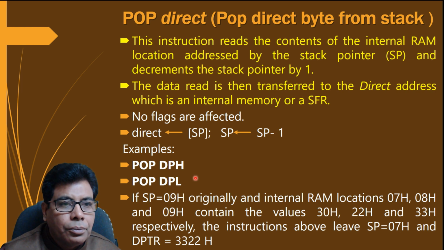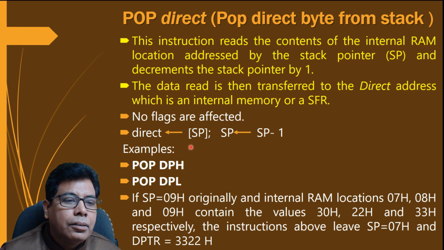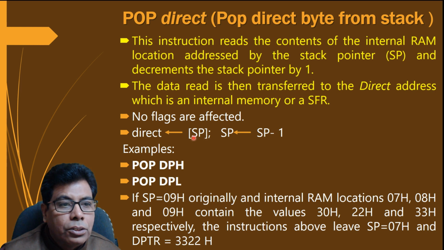See, you can see the data is read from the contents of the internal RAM location addressed by the stack pointer. Here we have shown the stack pointer with brackets. So the contents of the memory addressed by stack pointer is directly transferred to the address direct.